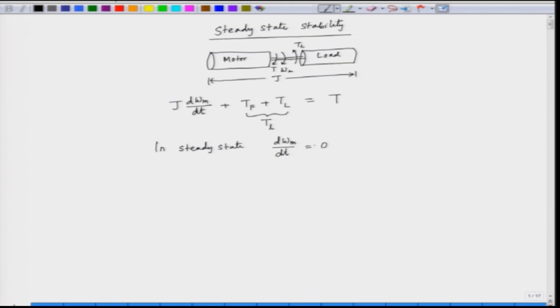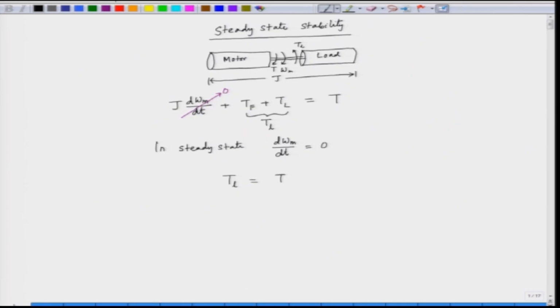So, if we apply this in this equation, this quantity vanishes in the steady state. So, what we have here is T L is equal to T, or the load torque is equal to the motor torque. So, that is the steady state condition.